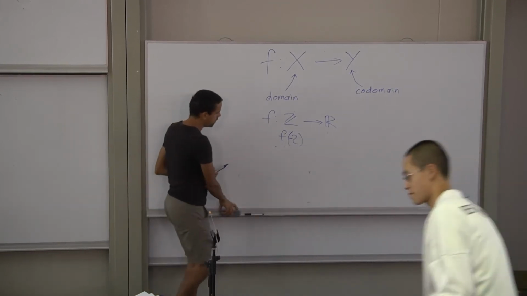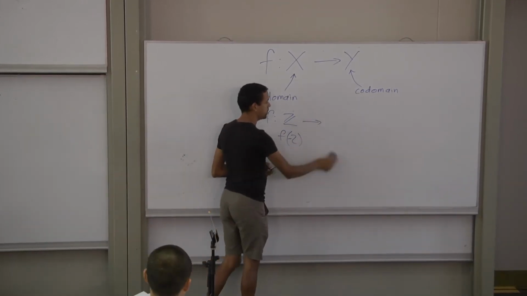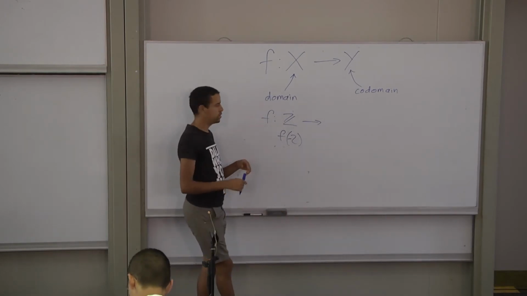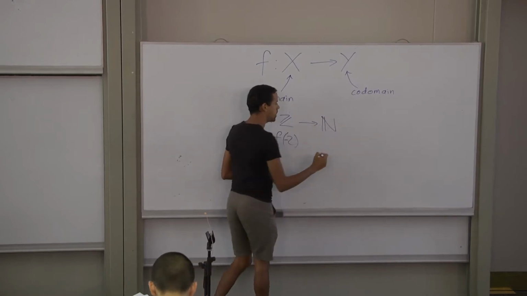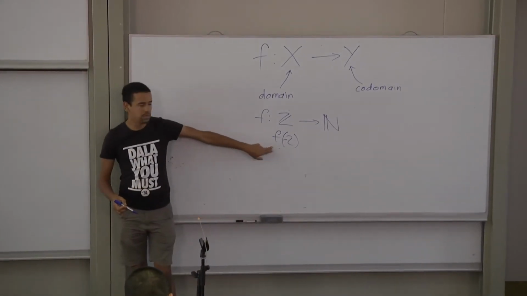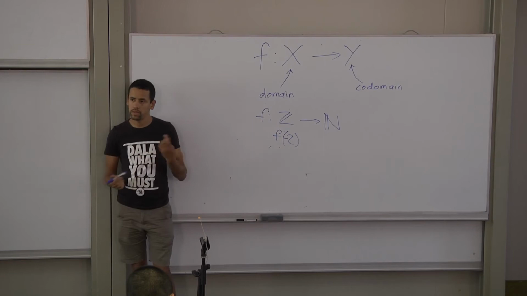But if we are told that f goes from the integers to, let's say, the natural numbers, then we know that f of negative 2 has to be a natural number.